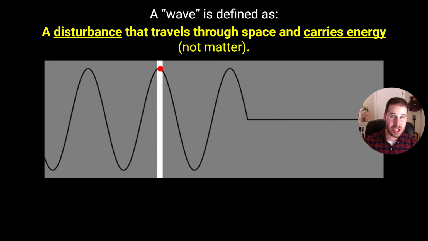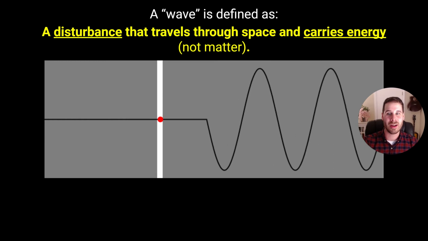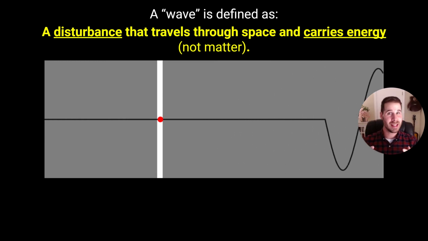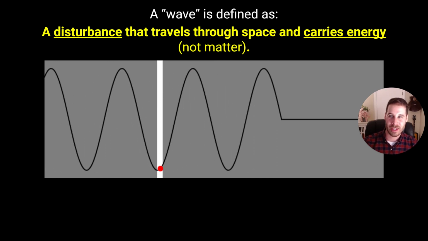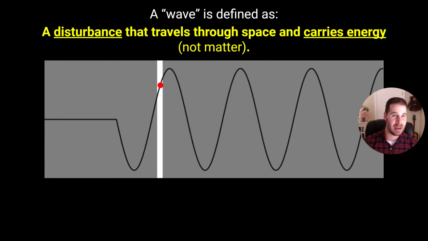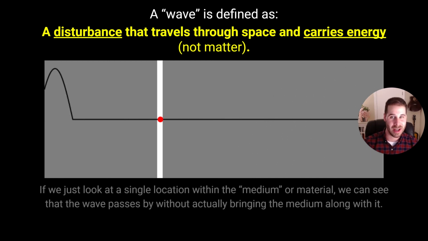So again, that definition kind of makes sense here, that the wave is simply a disturbance. It's something that comes along and makes matter fluctuate, but never actually transports it from one place to another. So that's our definition for a wave. And again, as you can see in the animation, energy is being carried and transported by that wave, but matter is not.